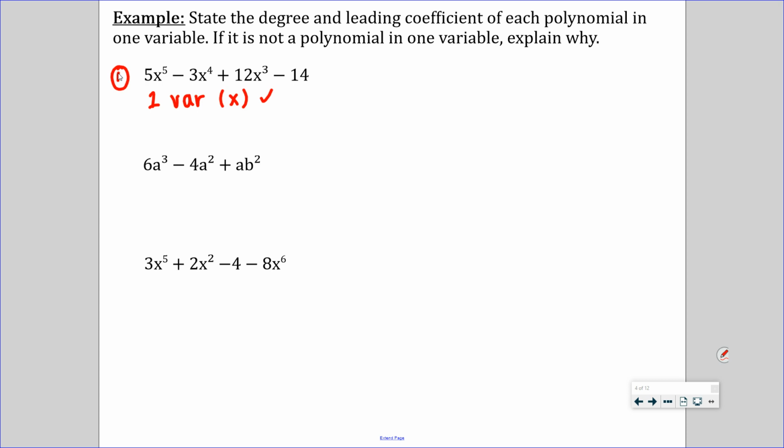So this one is a polynomial. Is it written in standard form? Yes, my largest power term is first, in descending order from left to right. Notice I don't have an x squared or an x term. That's okay, it's still a polynomial. What degree is this? Degree 5, and I get that from looking at my largest power.